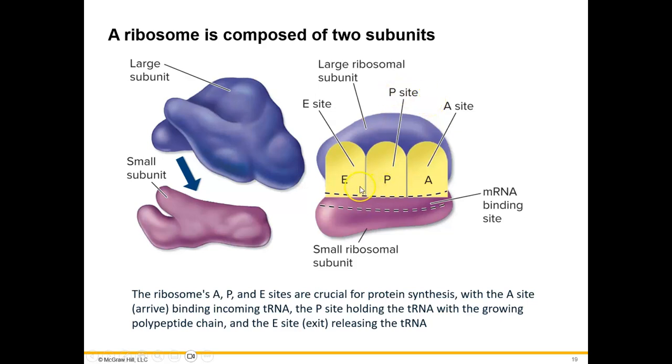And then once that transfer RNA has released the amino acid, it will be able to exit through the E site. So if you're trying to remember the order of things, try to remember that A could be like arrival, we're arriving at the ribosome, and E is like exit. Then you could also consider P for peptide bonds. That's not what they stand for, but that's just to help you remember their purpose.